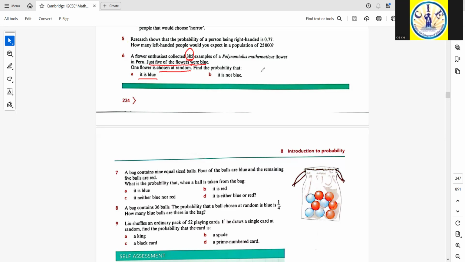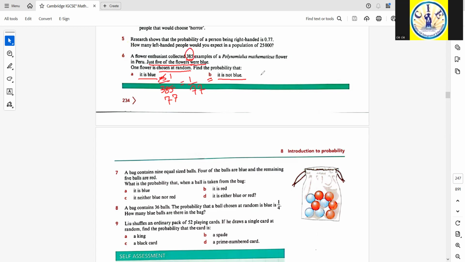So this is going to be probability of blue is 5 by 385. You can cancel them up. 5 ones are 5, 5 7s are 35, and 5 77s are 385. So 1 by 77. Okay, now part B. It is not blue.